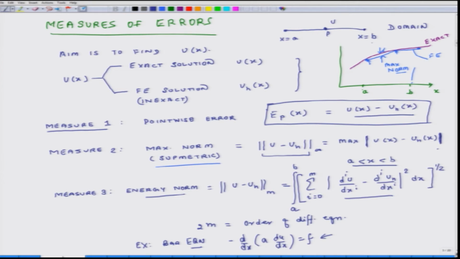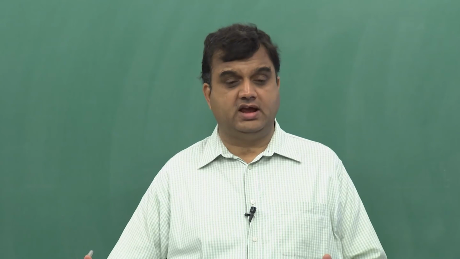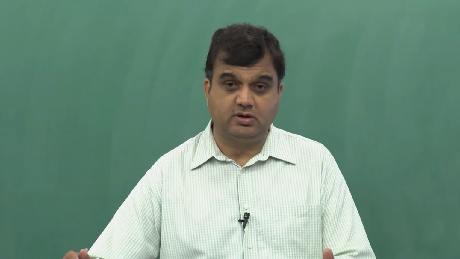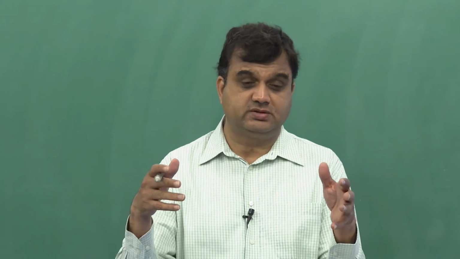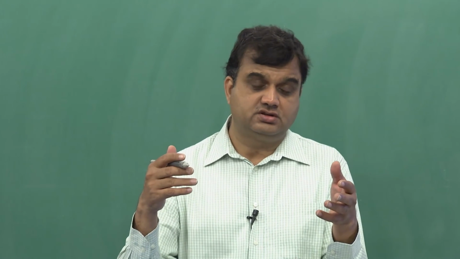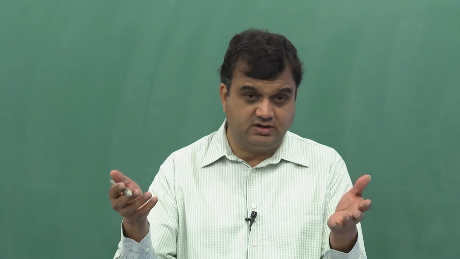So, this is how we generate energy norm. And the reason it is known as energy norm is that here we have squares of derivatives involved in the calculation of the norm. And especially for elasticity problems, when you calculate the energy of the system, that also involves squares of derivatives.